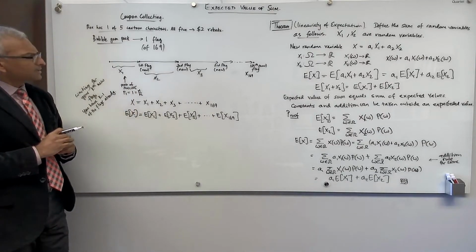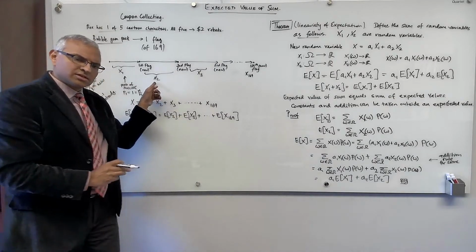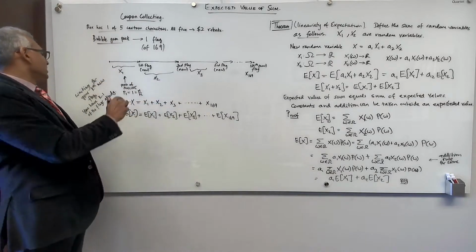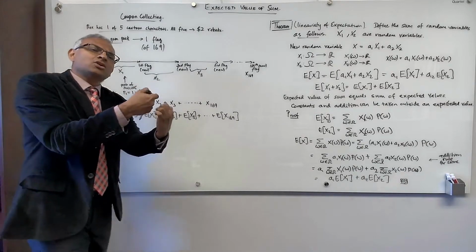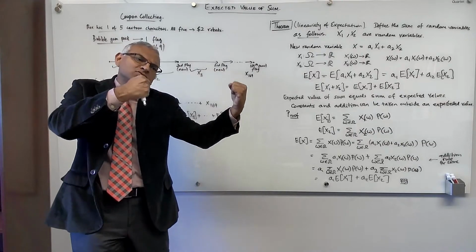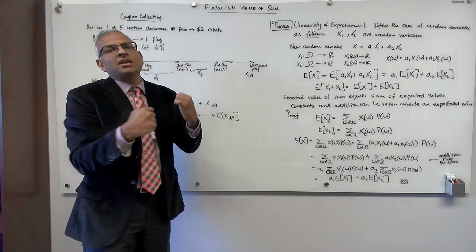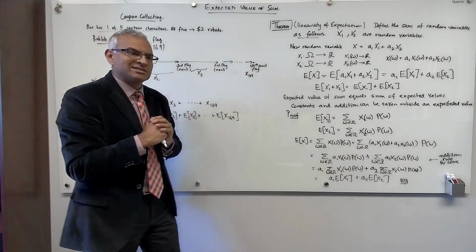Now, let's see what's the probability of success for each of your trials when you're waiting for the second flag. You've already gotten one flag, one variety. So there are n minus 1 varieties that you still need to get, but there are n varieties in total, in this case 169.